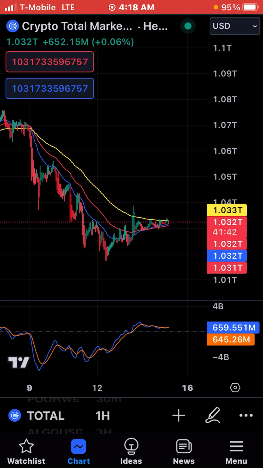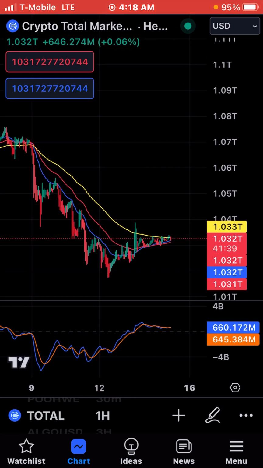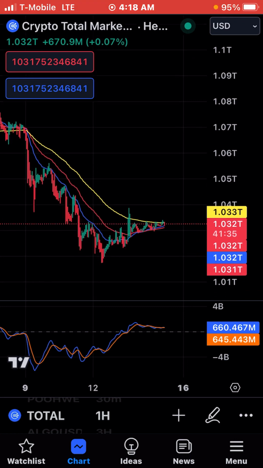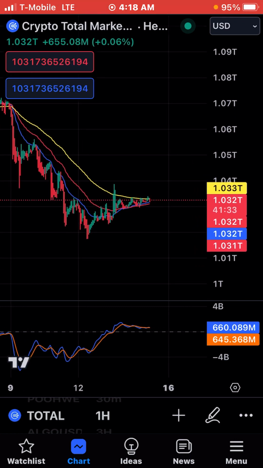So what might happen, and you guys can keep your eye on it, is that it might just continue to go down. But my opinion is it really depends on what the stock market does too, and it all depends on the market, but it's probably going to be going down in my opinion.